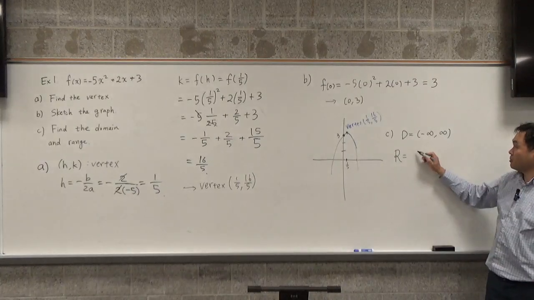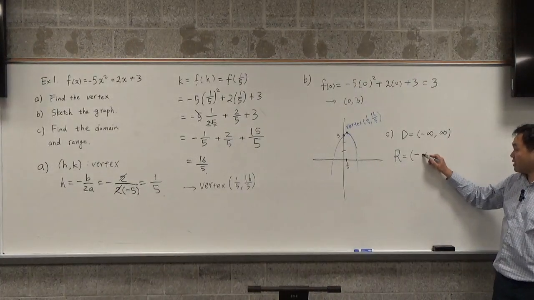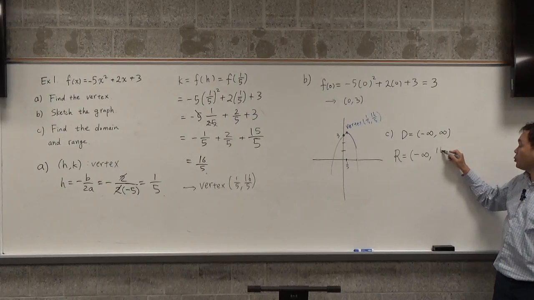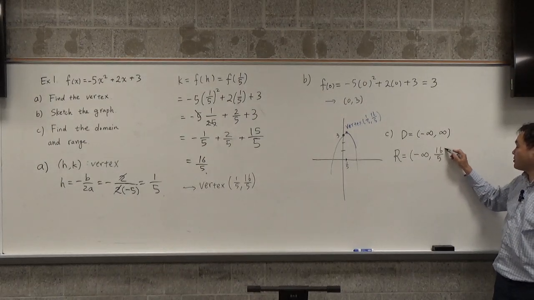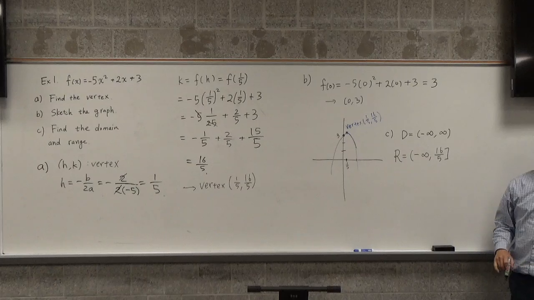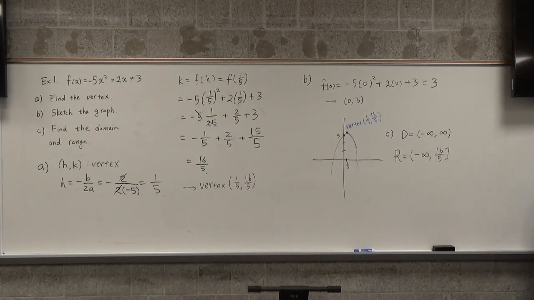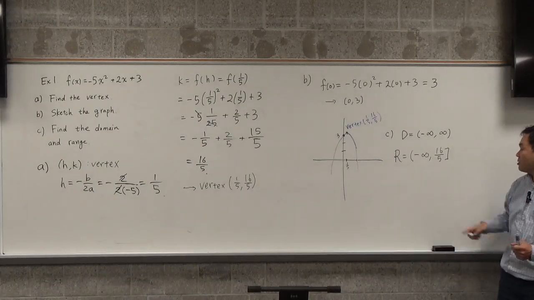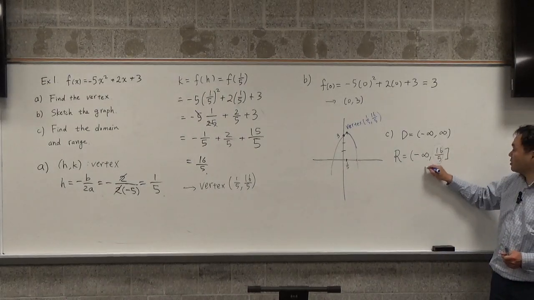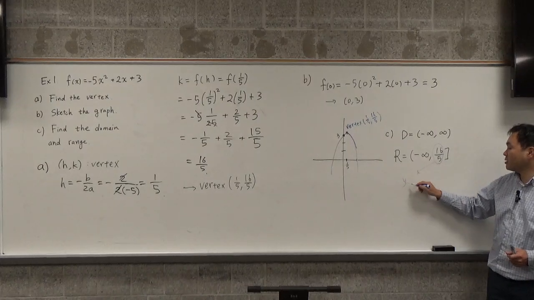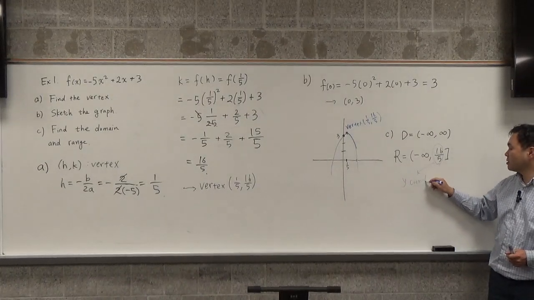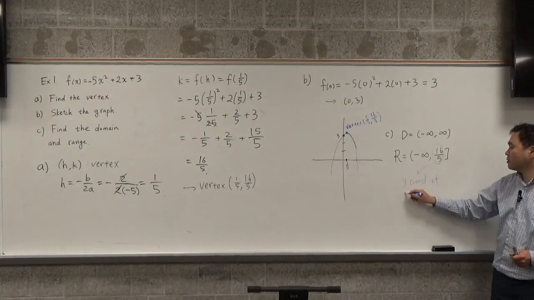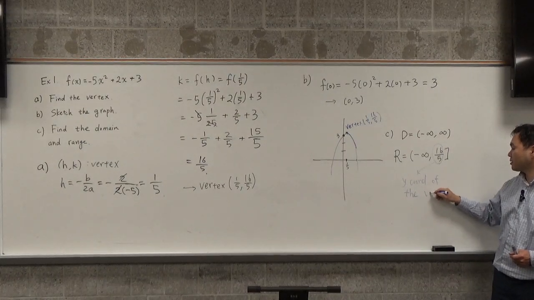So you have to say it starts from negative infinity, reaches up till 16 over 5, and includes 16 over 5, but cannot go beyond that one. And maybe we could add a note saying that this is the y-coordinate of the vertex.